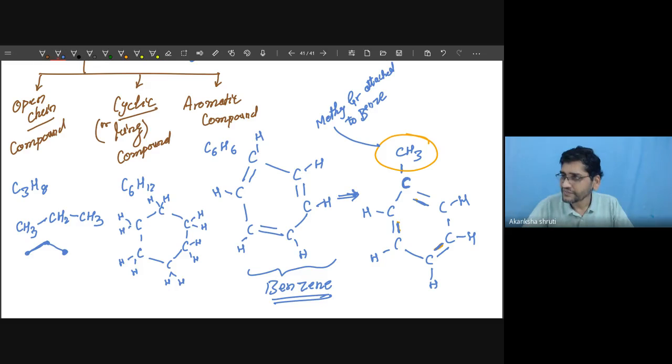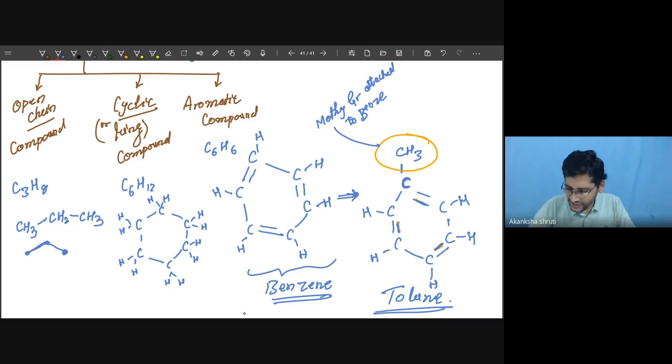Once it was asked, what is the name of this compound? So this compound is called toluene. A student, you have to keep in mind, this is toluene.